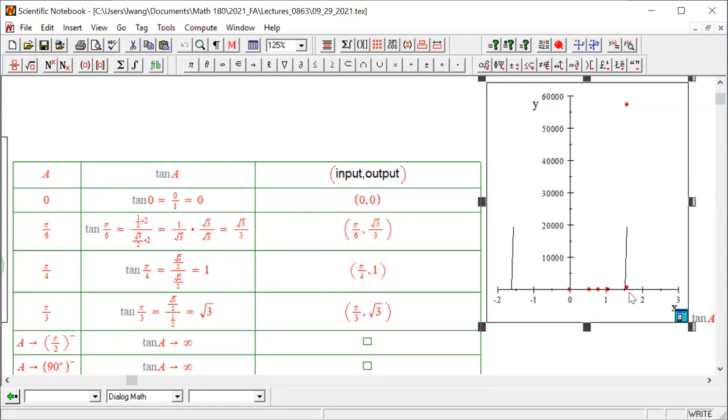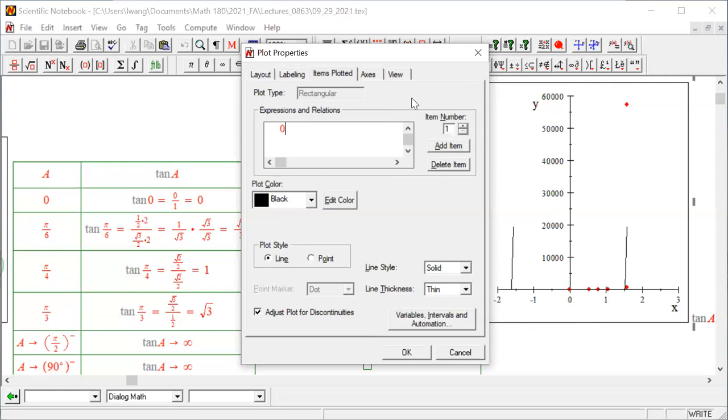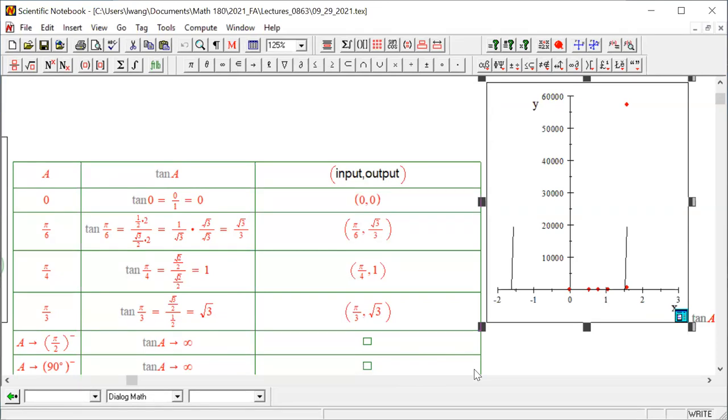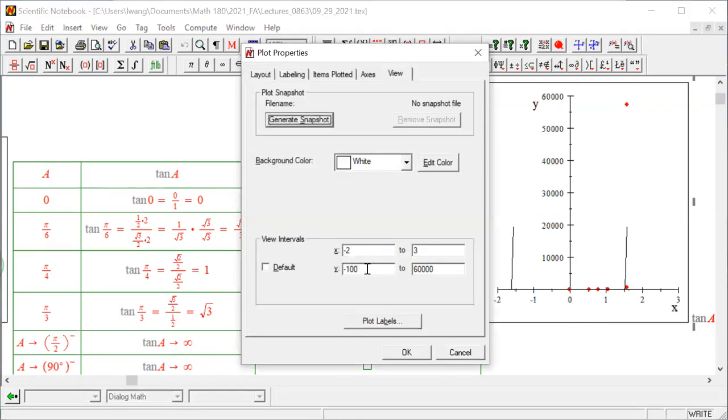So I need to make some adjustment. All right, let's see. It still doesn't show. Oh, wait. I think this software cannot handle it.